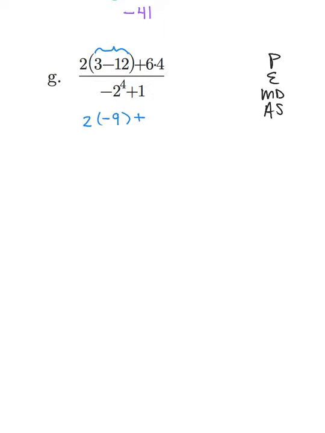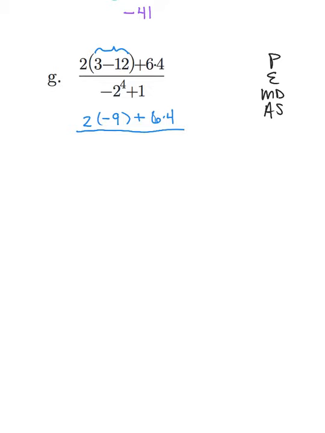Yes, you can. Because if we leave it as 6 times 4, it doesn't matter. We're going to multiply it later anyway. I'm going to go ahead and leave it alone for now, just to be on the safe side. So that takes care of the numerator.